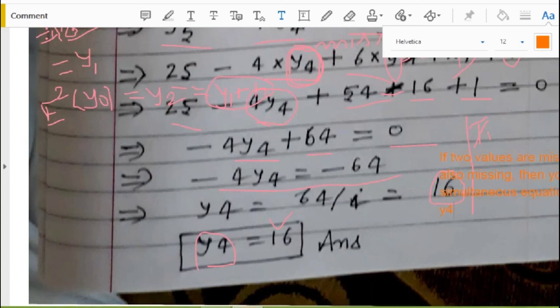You will get two equations involving y2 and y4, and these two equations will be immediately solved. Solving this, we can compute two missing values of the function.